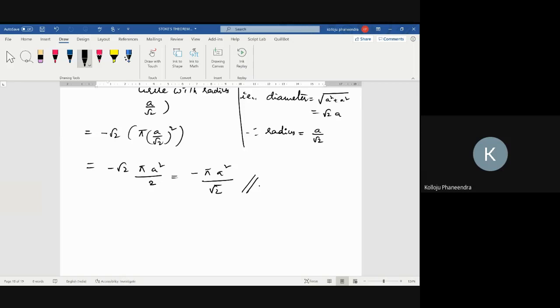Verify Stokes theorem. Already it is given. No problem.